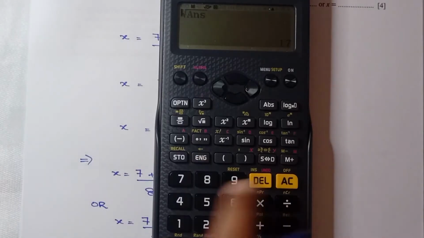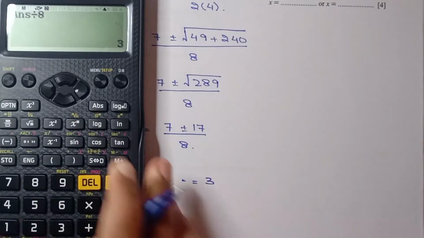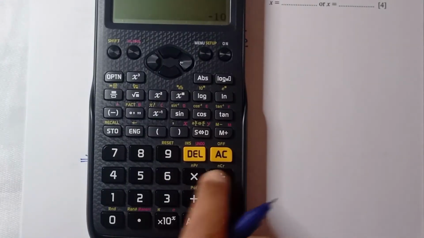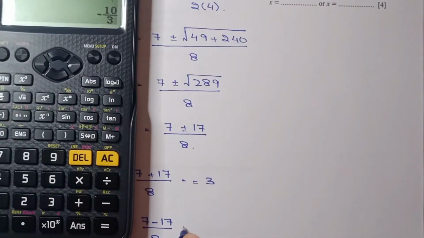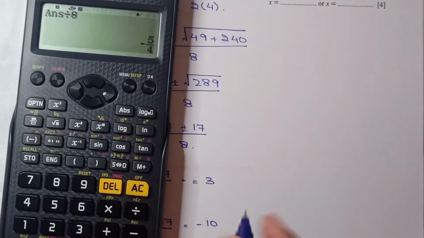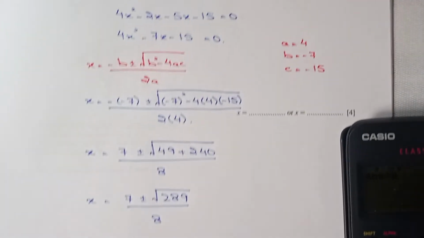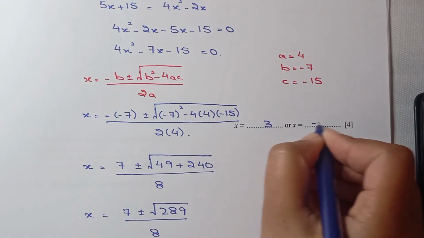Okay, 7 plus 17 divided by 8 would be 3, and 7 minus 17 divided by 8, sorry, it's 8, yes, is minus 5 by 4. So we have two x values, positive 3 and minus 5 by 4.